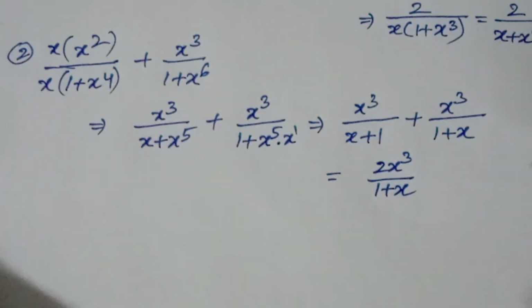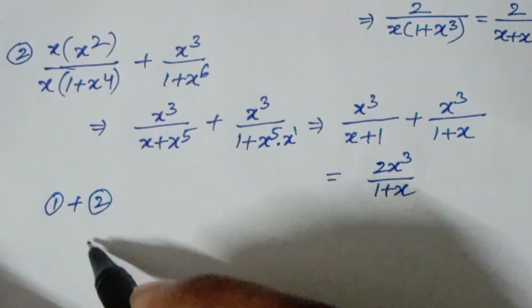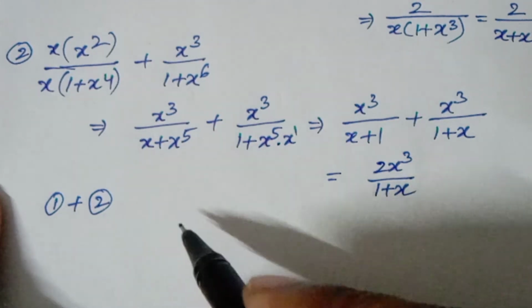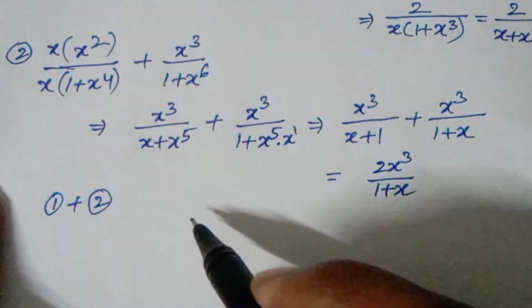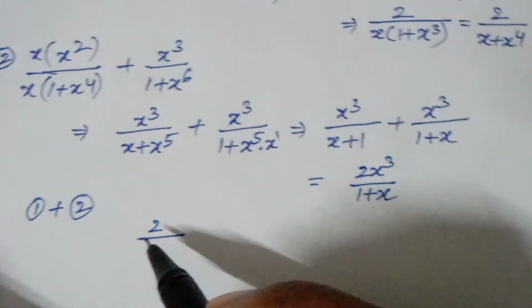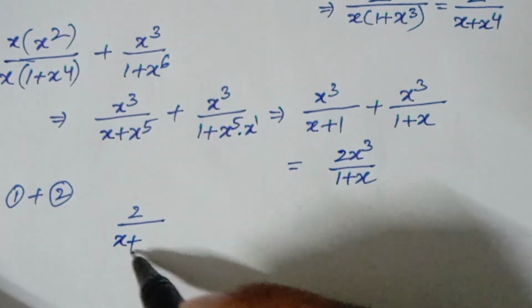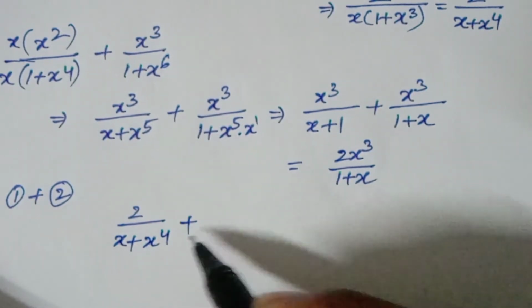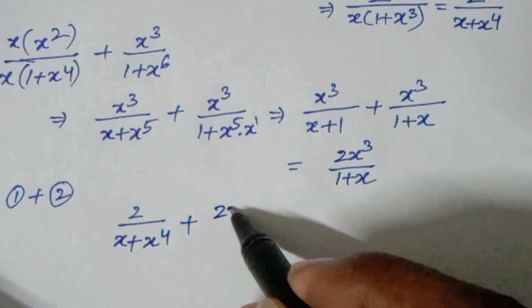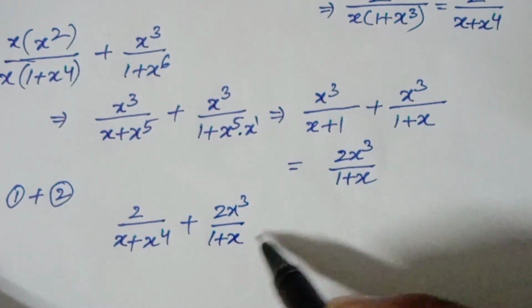So this is the second value. Adding 1 and 2, we can get the required solution. What is the first one? 2 by x plus x power 4. Plus the second one is 2x cube by 1 plus x.